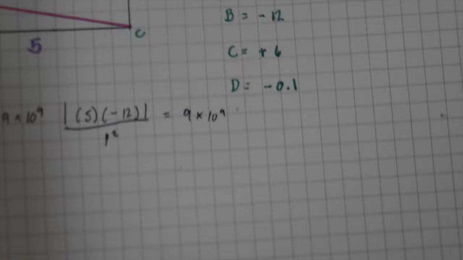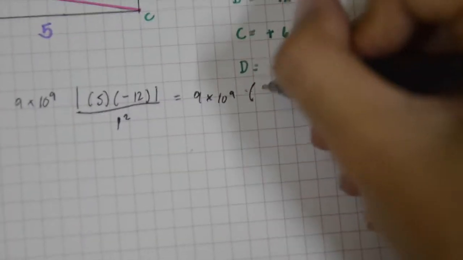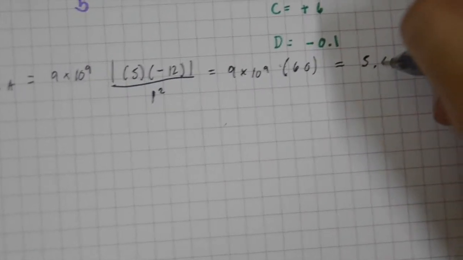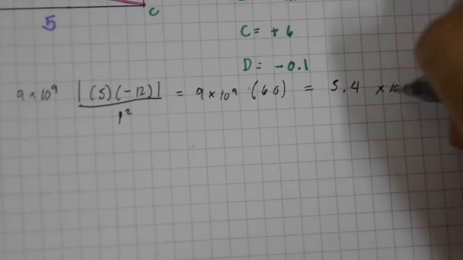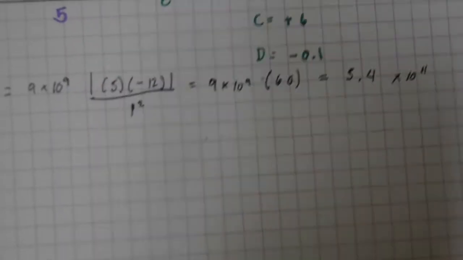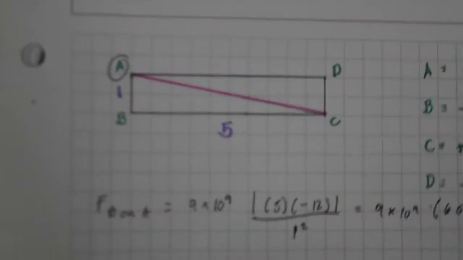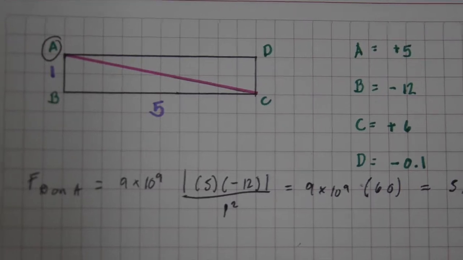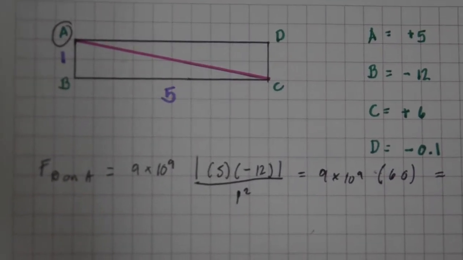When you simplify that, we will get 9 times 10 to the 9th times 60, which will give us the answer 5.4 times 10 to the 11th. Going back to the figure, we can see that A is positive while B is negative, so they will be attracted towards one another.